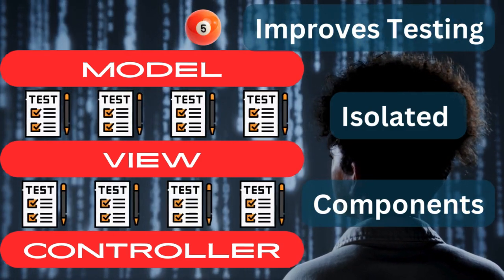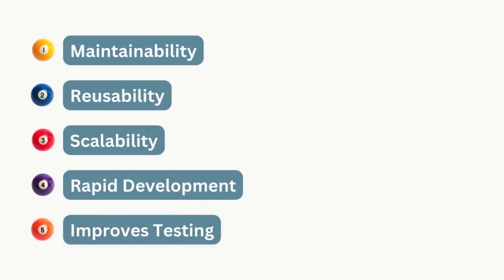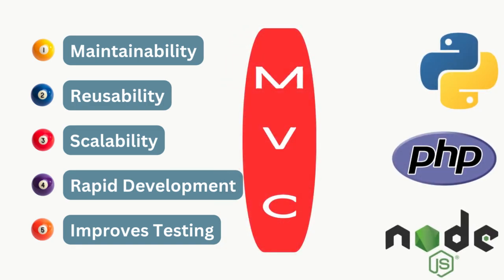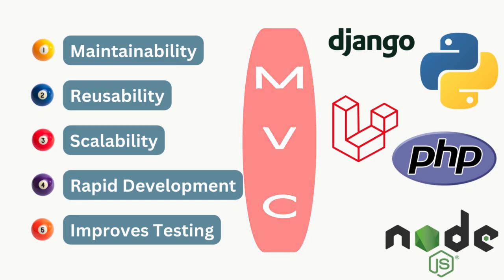Now, before we get to the end of this video, we'll talk about how MVC relates to the popular programming languages for the backend. But understand that frameworks like Django for Python, Laravel for PHP, and Express.js for JavaScript or Node.js do follow this MVC pattern, which makes it easier for them to build well-structured and maintainable web applications.